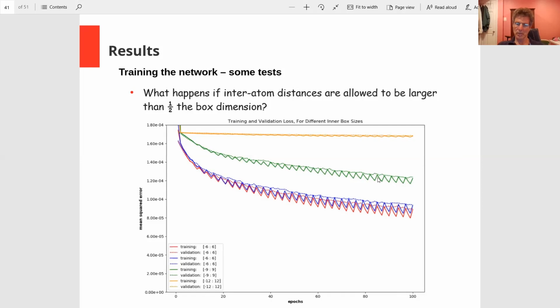So this blue and purple are the same as the blue and purple from the previous slide. But now I'm making the box that it's confined to a little bit bigger, and then a little bit bigger still. When I make it a little bit bigger, you can see that the training doesn't go as well. And when I make it bigger still, you can see that basically there's no training at all.